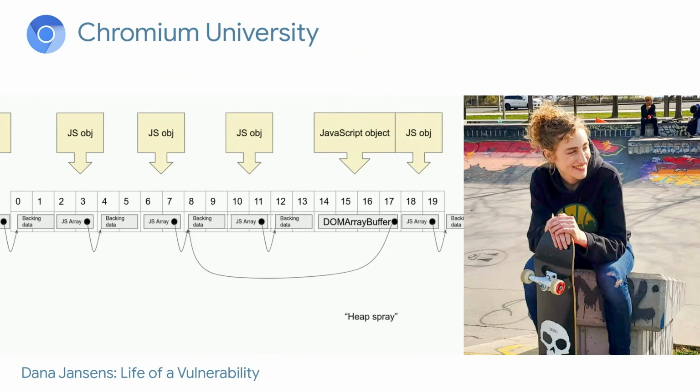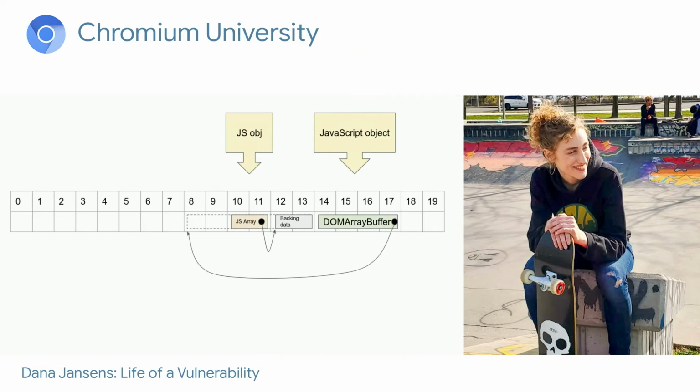And as you can see, the name Heap Spray is pretty well descriptive of this tool. So what happens, now they have this other JavaScript object allocated in the area that JavaScript can write to. The attacker has been cunning. They chose that JavaScript object to be itself an object that has inside of it a C++ pointer.